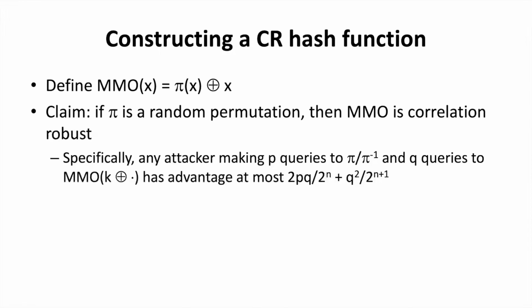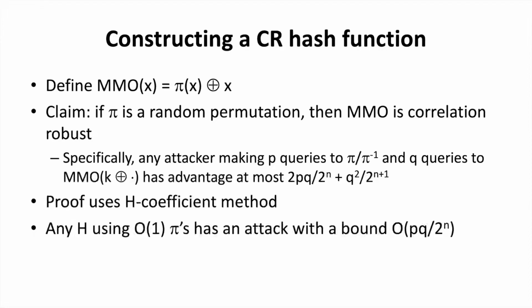So essentially, it's a birthday-like bound. Our proof uses a technique called the H-coefficient method, which is a well-established method in the symmetric key literature. We also found an attack that matches this upper bound, meaning that our proof is essentially tight in terms of the advantage.